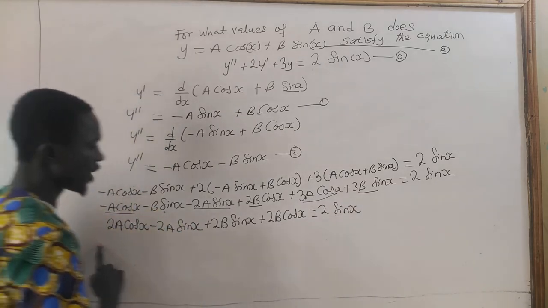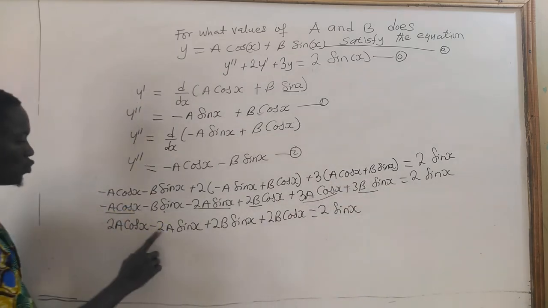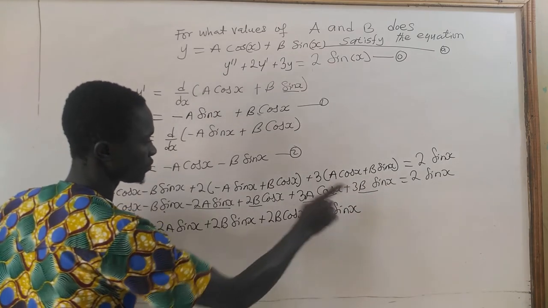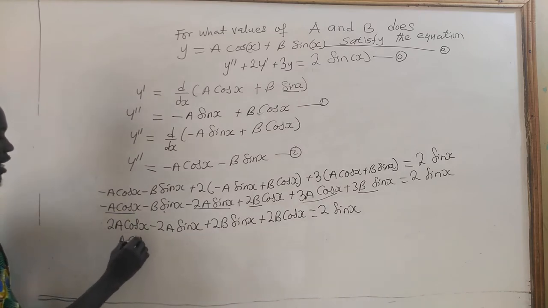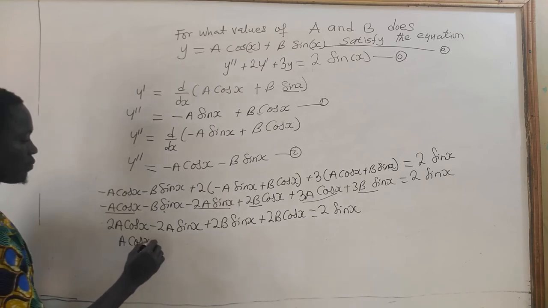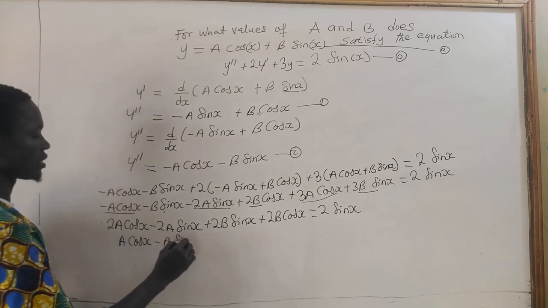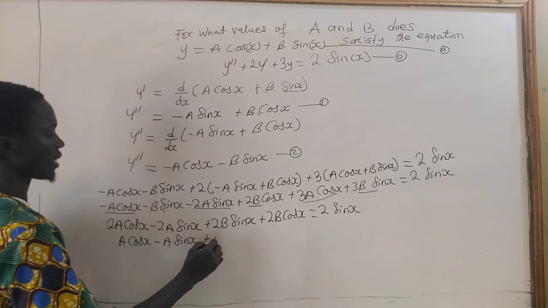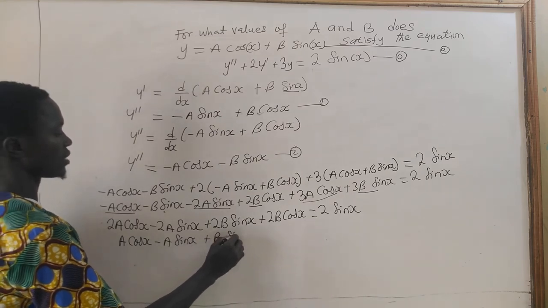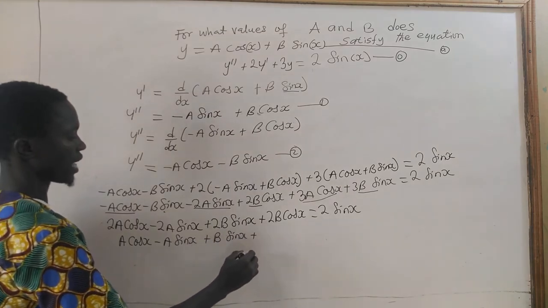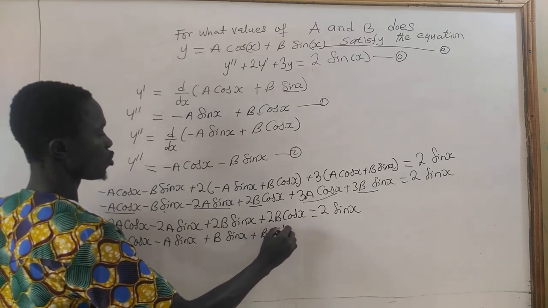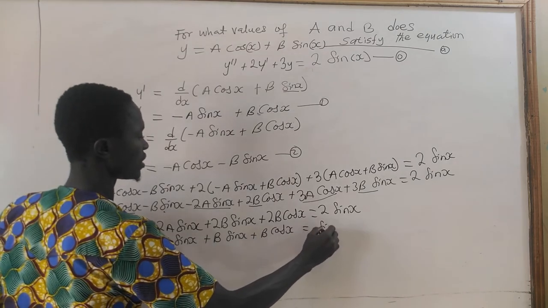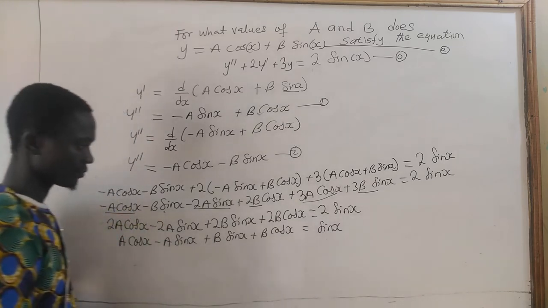Now we can divide 2 by 2 because we have 2, 2, 2, 2. So if we divide by 2, we will get A times cosine of x minus A times sine of x plus B times sine of x plus B times cosine of x equal to sine of x.